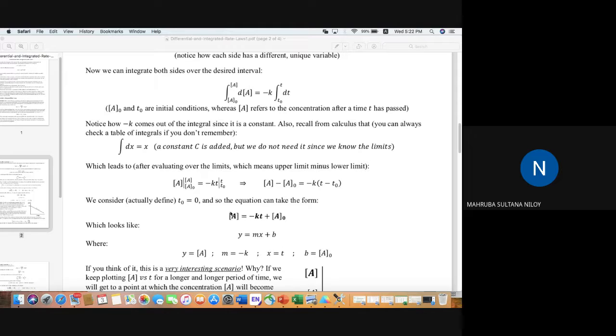We can compare concentration of A equals y, m equals minus k, x equals t, and A naught equals b. So the initial concentration, we already know the value, right?